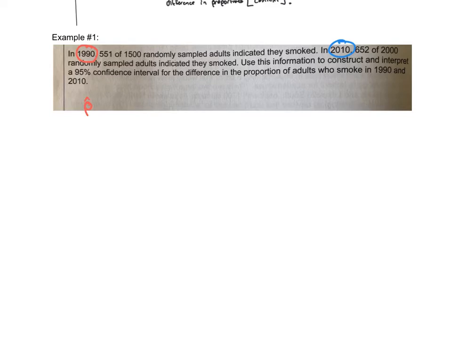P hat 90 is equal to 551 over 1,500. So if I put that in my calculator, 551 divided by 1,500, that's 0.37-ish. I'm rounding that.